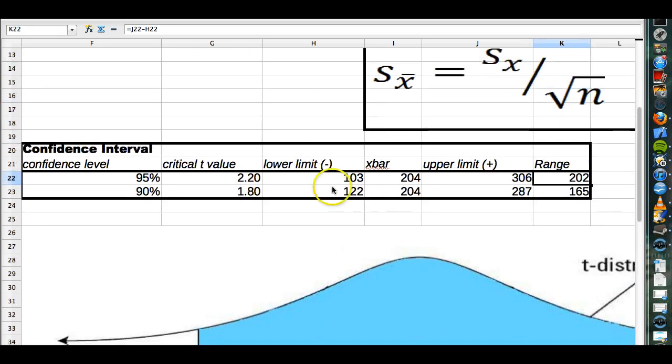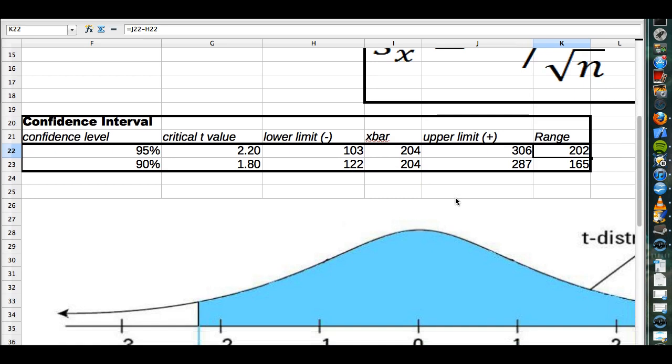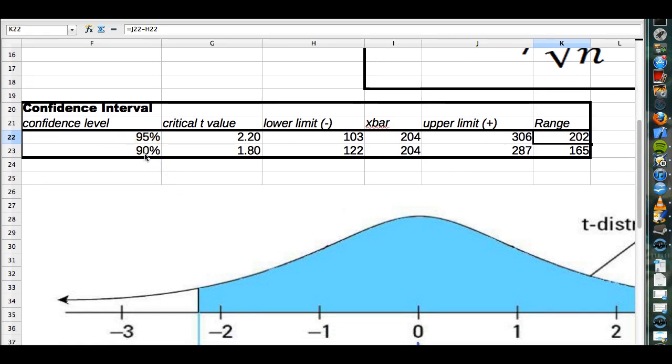And you might say, well, that's better, I have a smaller interval. Well, I say, okay, fine, maybe, but that also means that I have a lower confidence level. So in this case, I can only say that my average will be located in between these two critical values in 90 out of 100 cases if I conducted my sample 100 times. So bear that in mind when you're choosing your confidence level.